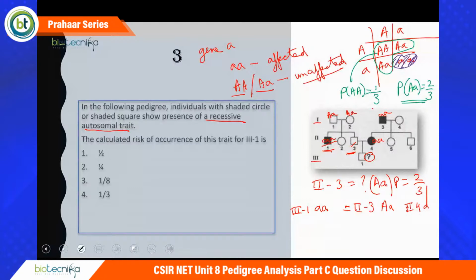And also, we need that the cross between the heterozygote and homozygous recessive produces homozygous recessive.